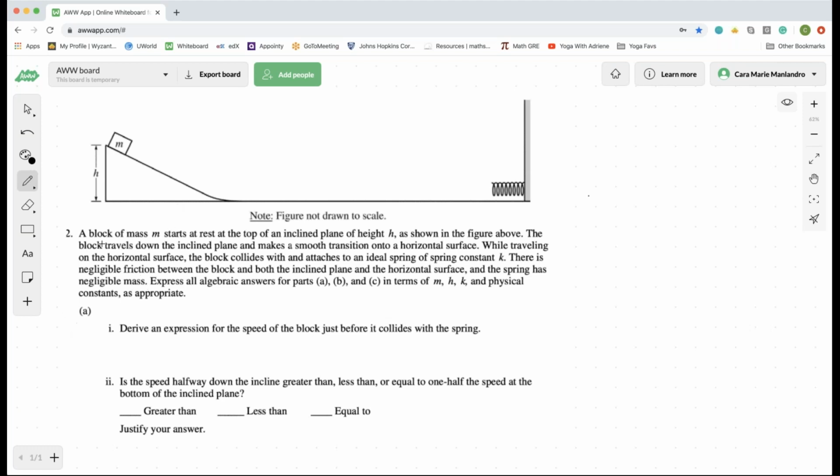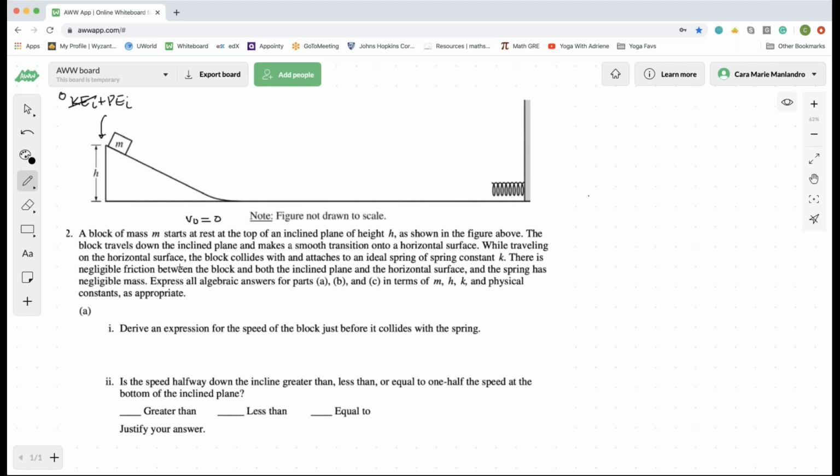All right, so let's read the question. A block of mass m starts at rest, so that's helpful. I have an initial velocity of 0. We can already tell that this is a conservation of energy question. It almost always is when you have something starting high and going low. It's the first thing you want to think of. So at this point up here, I have kinetic energy initial plus potential energy initial, and that kinetic energy initial is 0 because I have no velocity. Awesome.